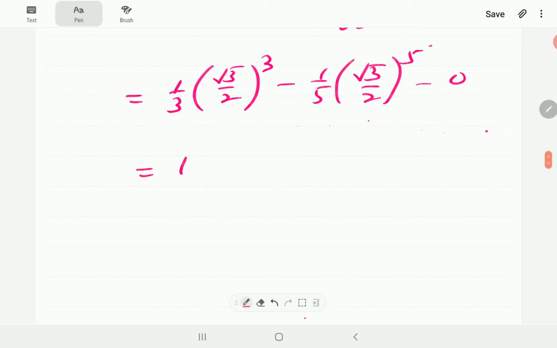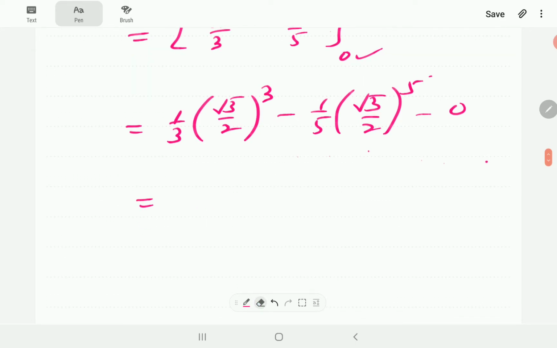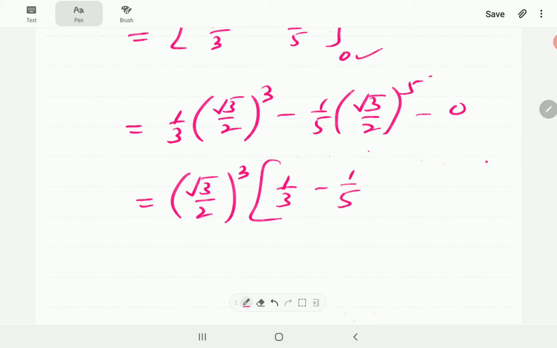Then this we can simplify. Maybe let's just do a few steps. What we can do here is factor out square root 3 on 2 to the power 3. So if we have that one outside, square root 3 on 2 to the power 3, then inside the brackets we're going to have 1/3 minus 1 over 5. Then the power that's going to be left here is power 2.